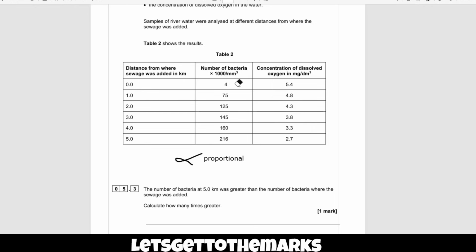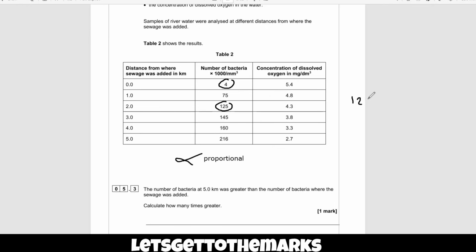So when I double the number of bacteria, or we haven't doubled it, but whatever we've done there, 75 divided by 4, whatever that is, 15, 16, 17. Let's do 125 divided by 4.